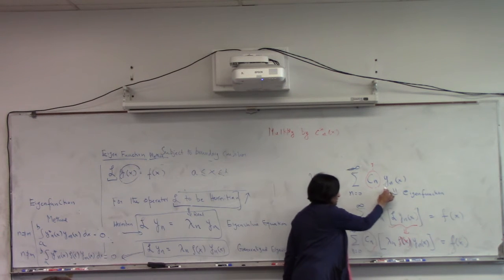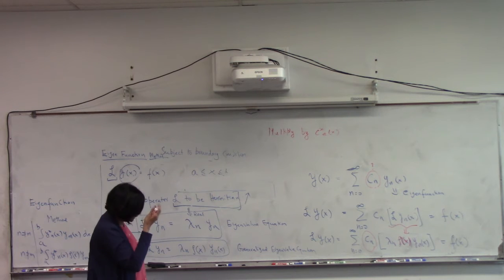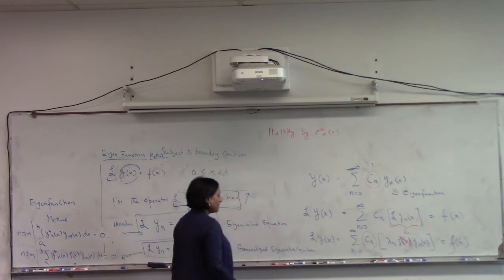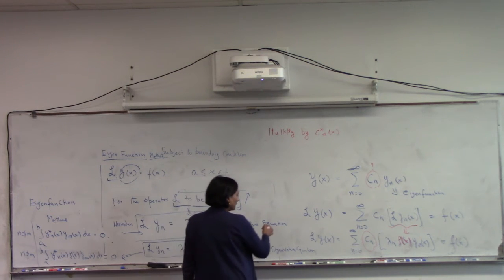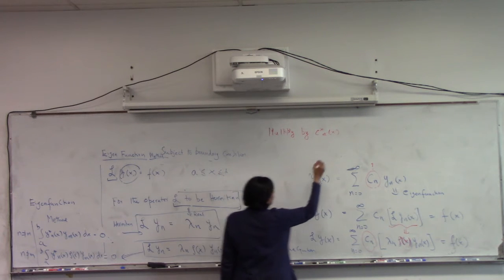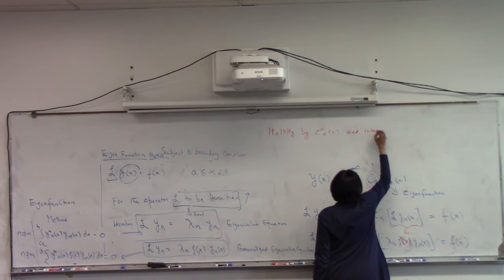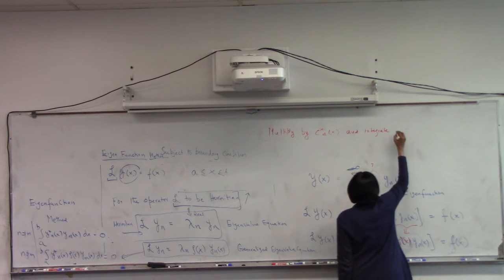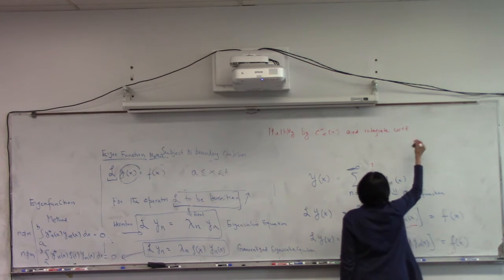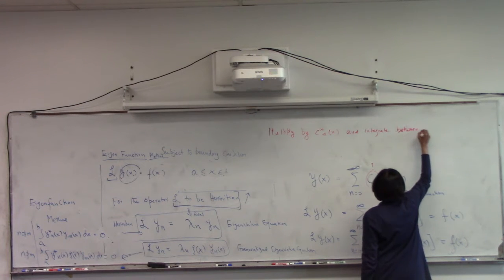I know y_n is a solution of the Hermitian eigenvalue equation, so I'm trying to extract c_n from this. The first step is to multiply by y star m(x) and then integrate between a and b. We'll check the variable in a minute.